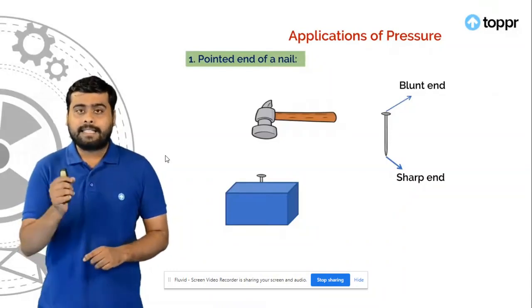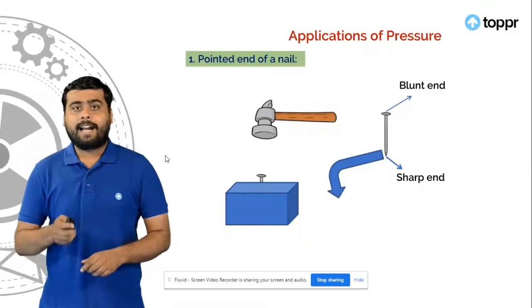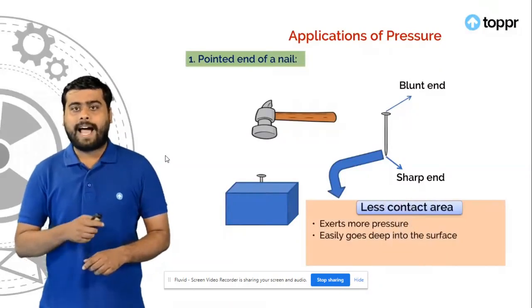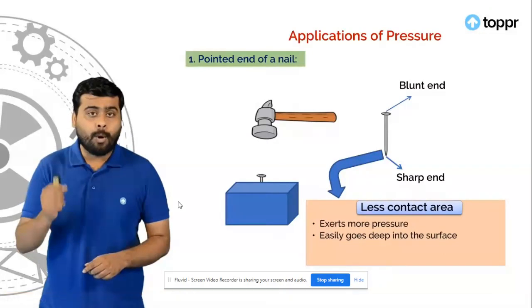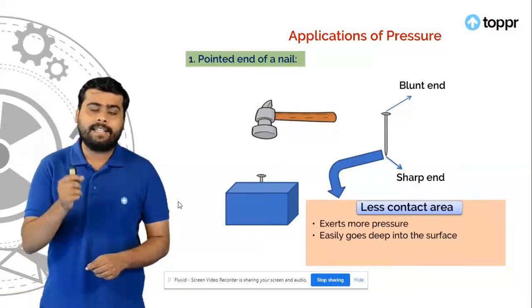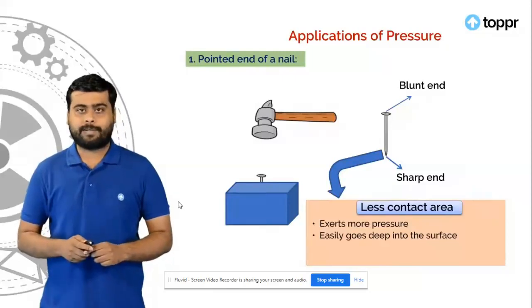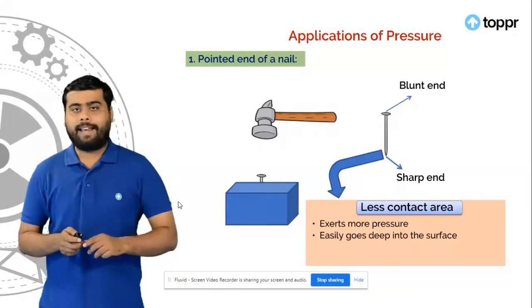Now this sharp end has very less contact area, and because of that it exerts more pressure, and that's why this nail will go easily deep into the surface. So that's the application of the pointed end of a nail.